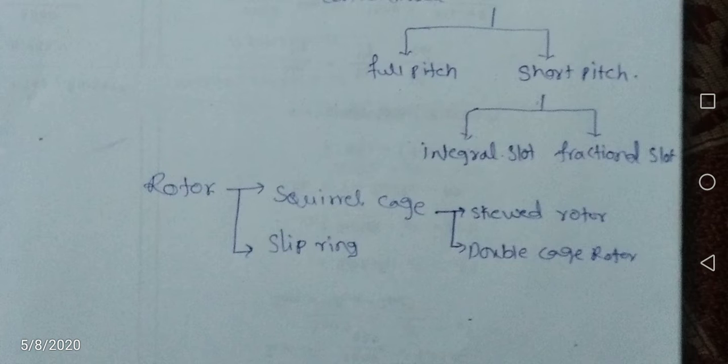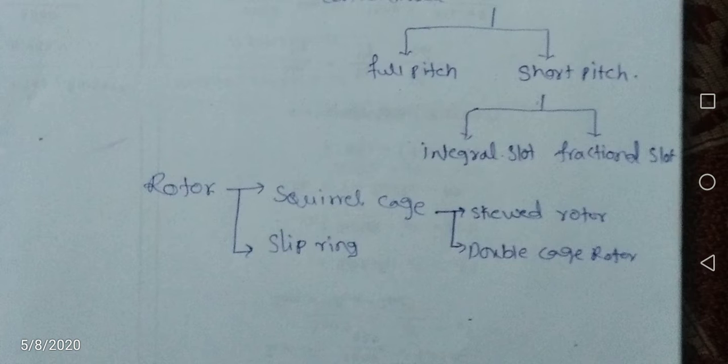An important point is that in a double cage rotor, the outer cage and inner cage are connected in parallel. The inner cage area is more, so its resistance value is less.